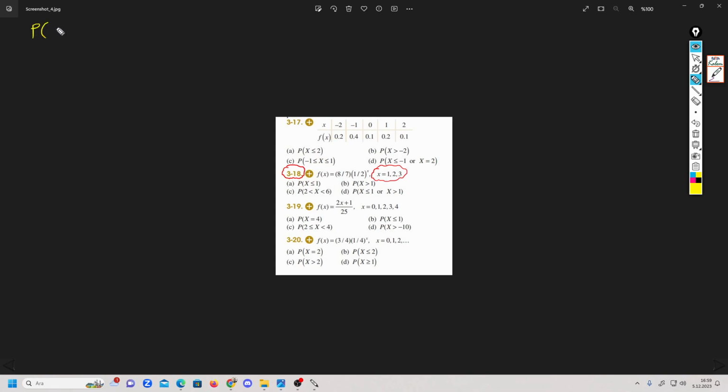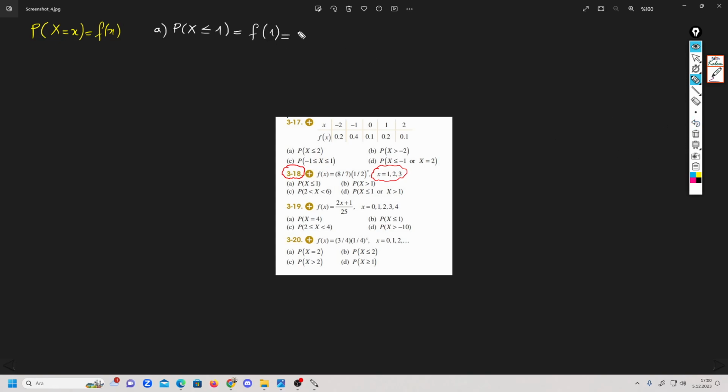we have a formula actually. P of capital X is equal to f of x. So according to this information, the answer of part A is P of X less than or equal to 1, which is f of 1.